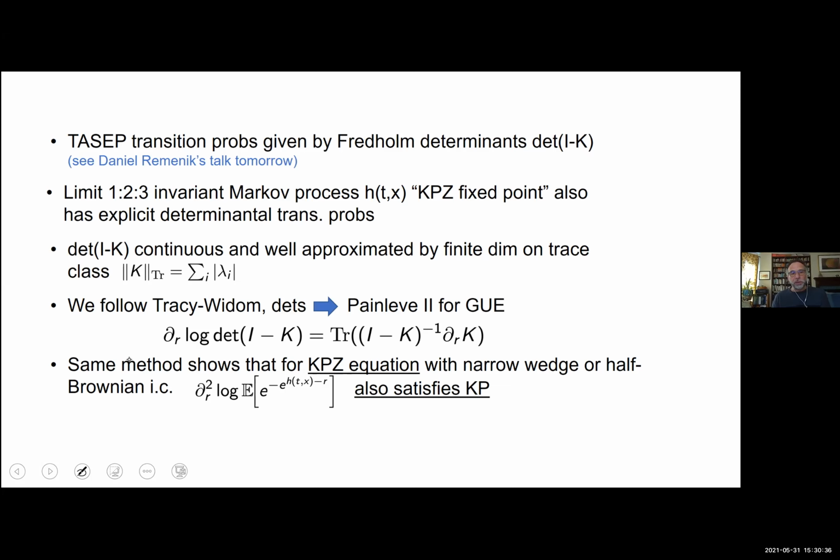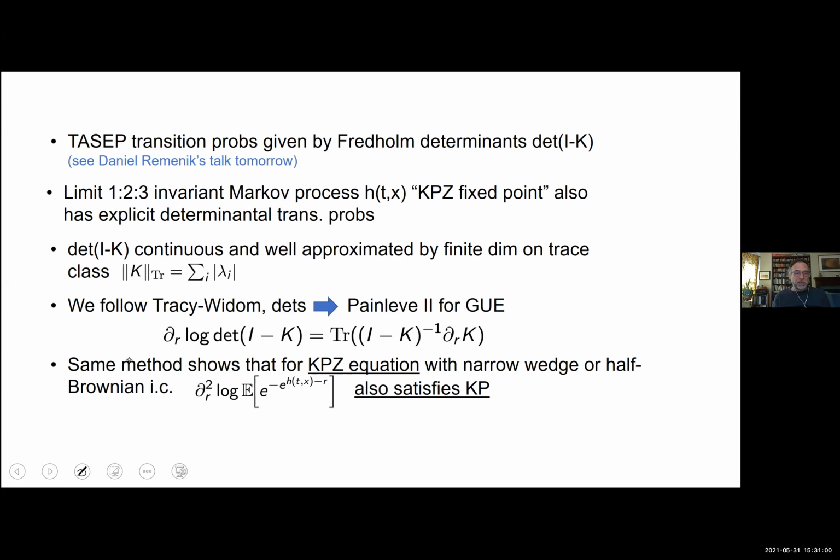Its transition probabilities are given by certain Fredholm determinants. There's a recipe to translate the initial data into an operator K, and then the determinant of that gives you the n-dimensional distributions of the TASEP transition probabilities.